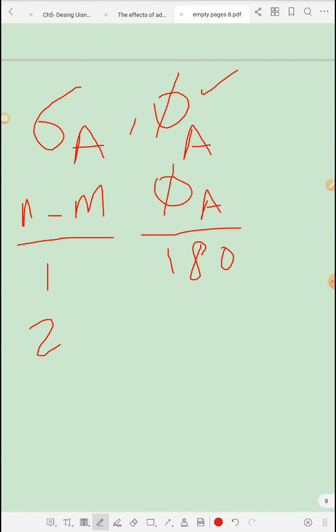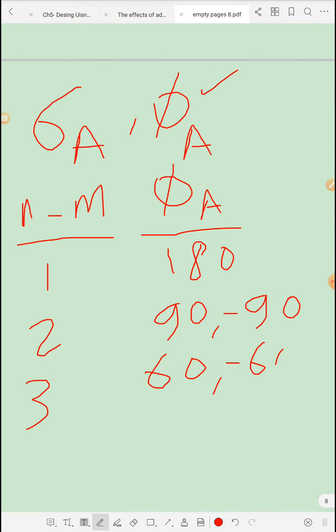When it was 2, it was 90 and minus 90. And if it was 3, it was 60, minus 60, and 180 degrees.